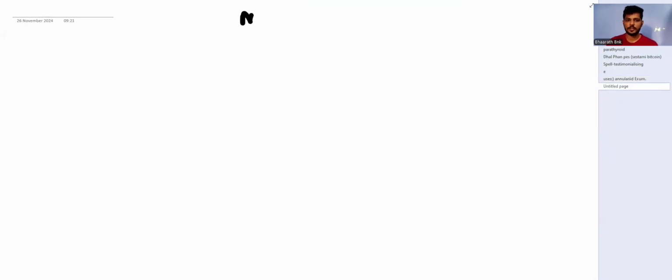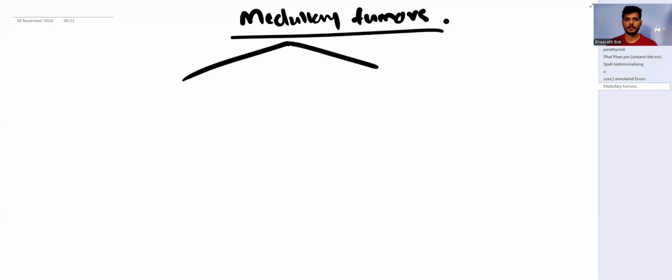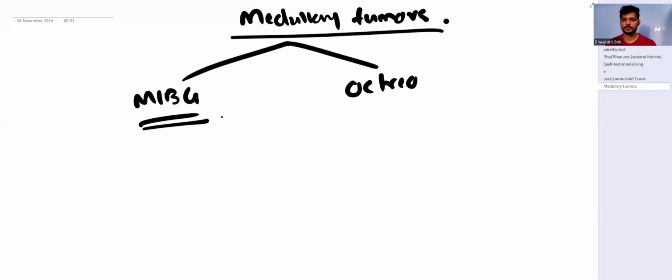So in case of adrenal medullary tumors, MIBG can be used or octreoscan can be used.